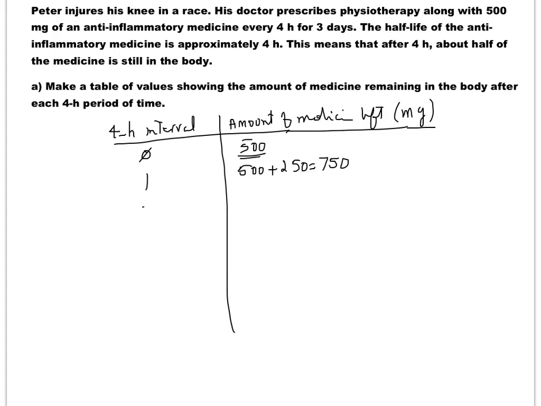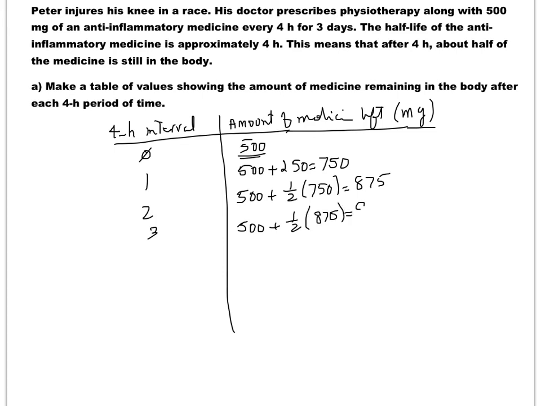So the answer is 750. The second 4 hour interval, I'm going to have 750, half of it, plus 500. So 500 plus half of 750. If you evaluate this one, then we get 875. The third 4 hour interval, I'm going to have 500 plus half of 875.